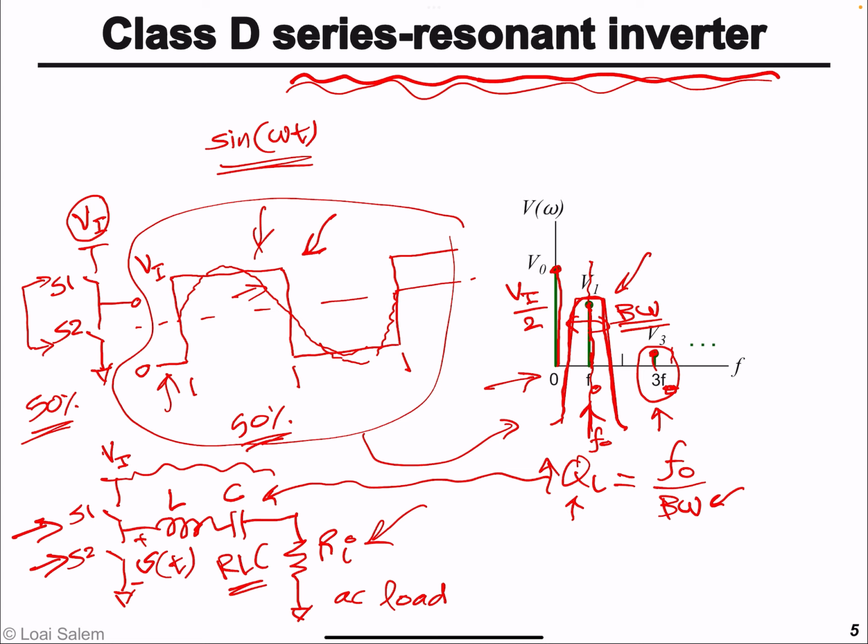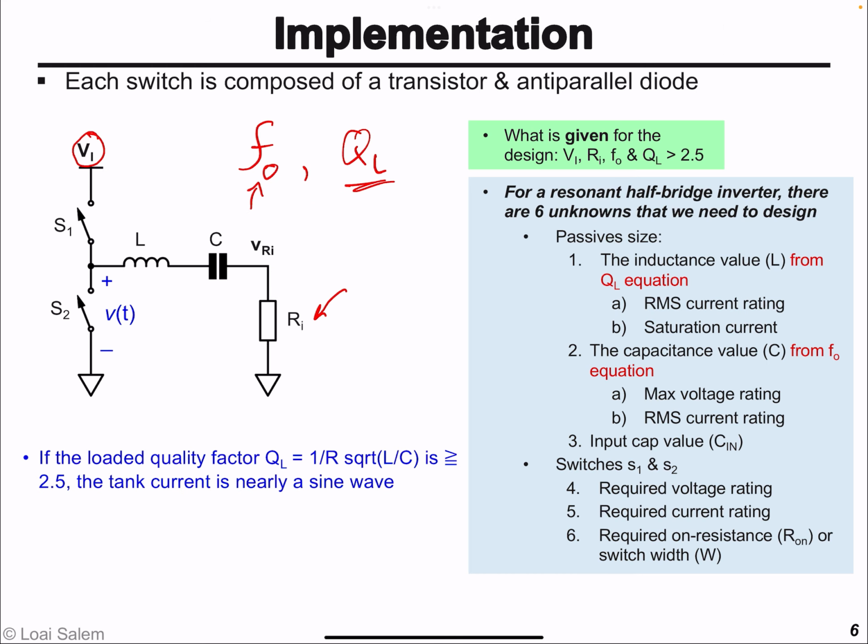And from experience, it's found that a quality factor of an RLC circuit larger than typically 2.5 will be able to reduce the amplitude of the third harmonic, such that the output of the bandpass filter is almost a pure sine function, where the third harmonic within that sinusoid is minimized. So typically the quality factor is larger than 2.5.